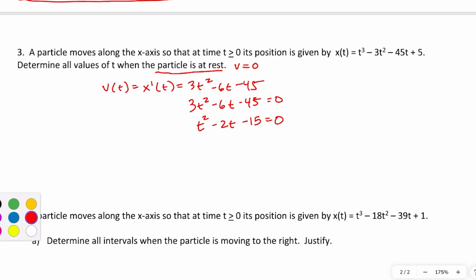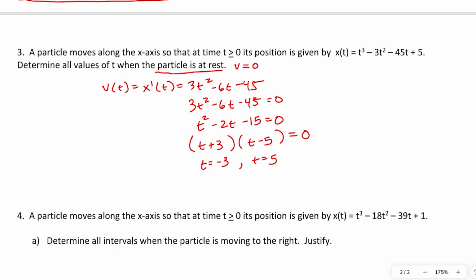All right, what are my two factors here? Okay, good. So t plus 3 and t minus 5. So the two t values where this function equals 0 are negative 3 and 5. And so those are the two times when the particle is at rest, because at those two times, the velocity is 0.